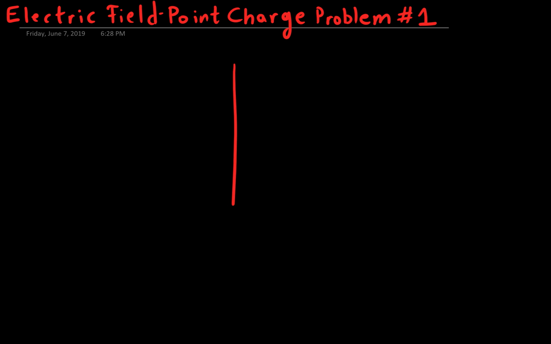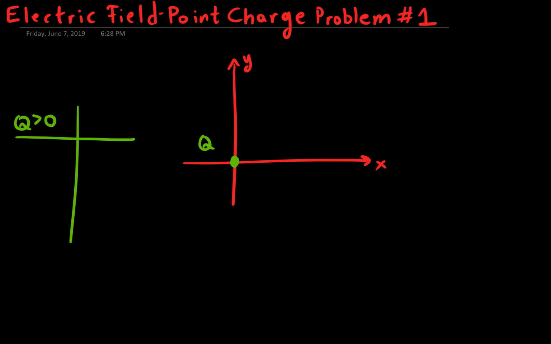So here, let us take the xy plane as follows, and suppose we have a point charge of Q at the origin. Now, this single point charge can either be positive or negative.